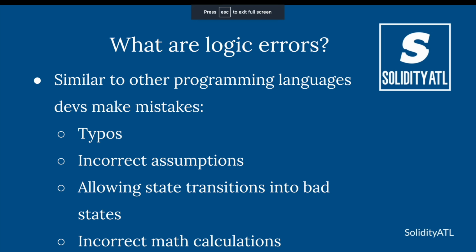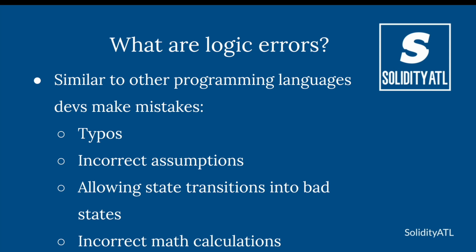All right, so what are logic errors? Similar to other programming languages, devs make mistakes, right? These can be caused by various typos, incorrect assumptions, allowing state transitions into bad states, and also incorrect math calculations. Logic errors contain any of these.